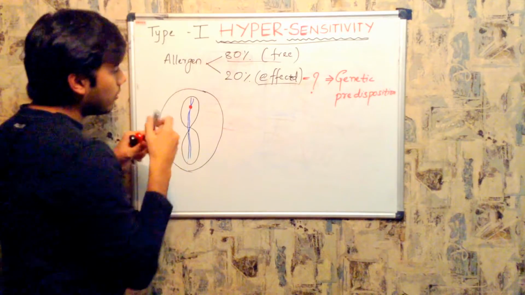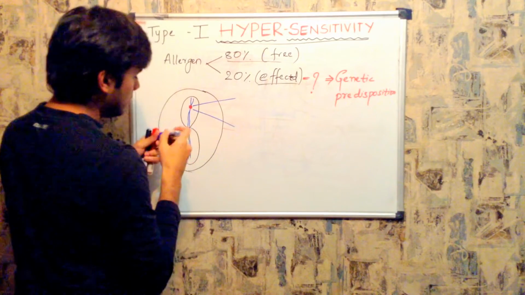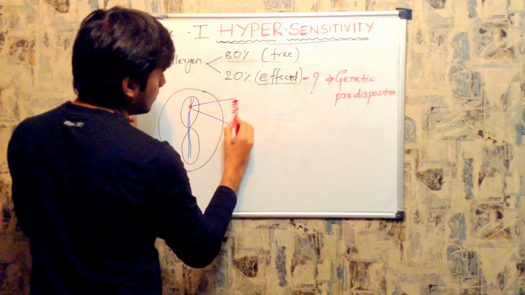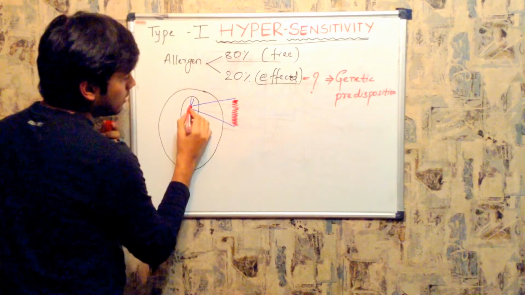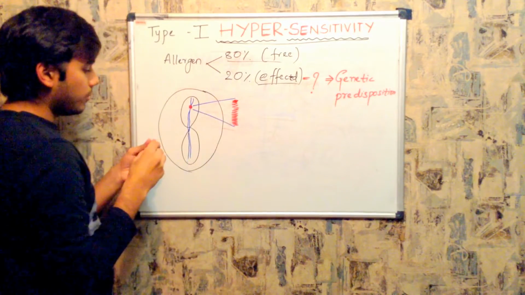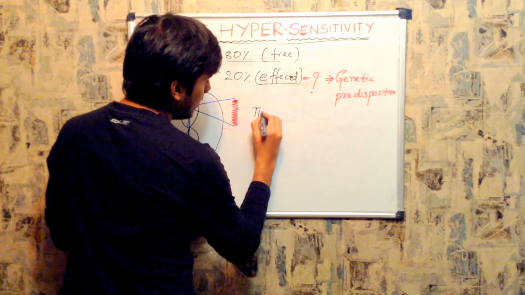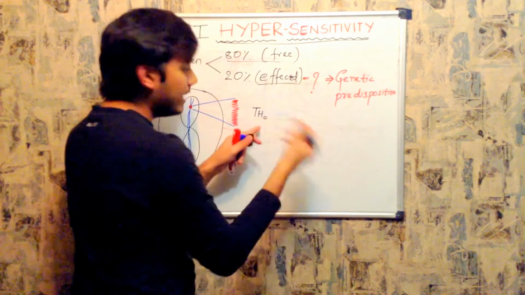for the production of this part. This part of the gene sequence of this chromosome is coding for the production of T helper cell, or we can also say T helper 0 or naive cell.